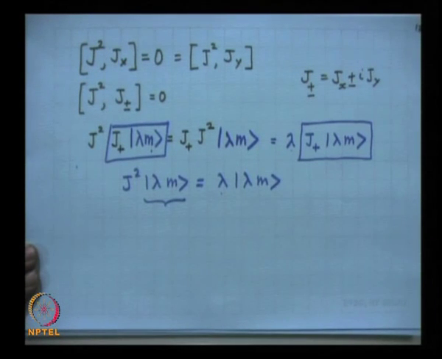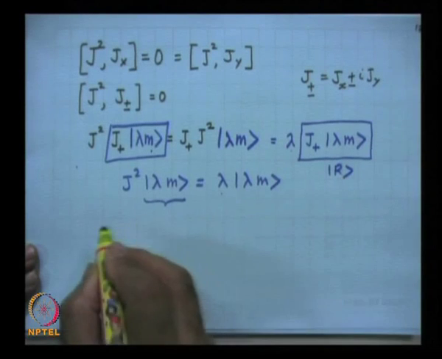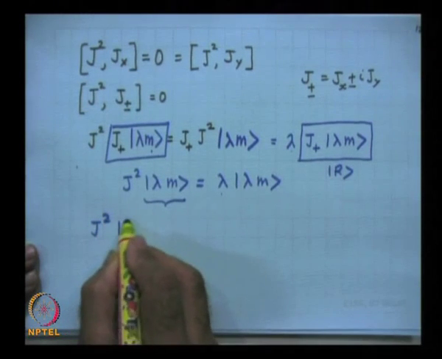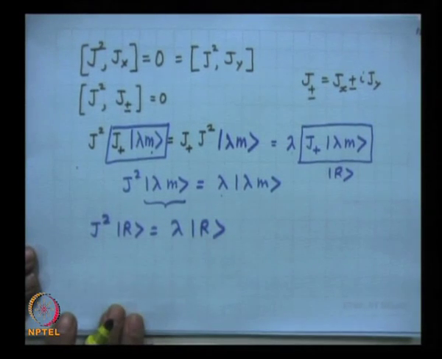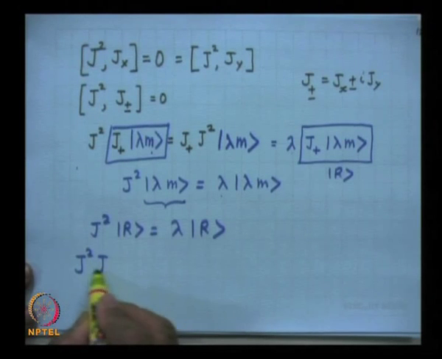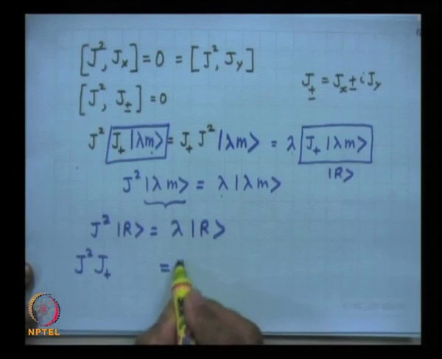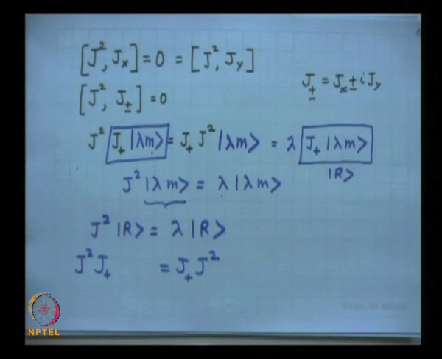So, we must expect degeneracies. Similarly, let this be denoted by ket r, let us suppose. So, I have j square ket r is equal to lambda ket r. Now, I again do like this. So, j square j plus is equal to j plus j square. I operate this on ket r.